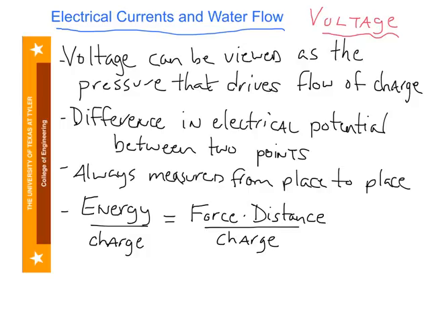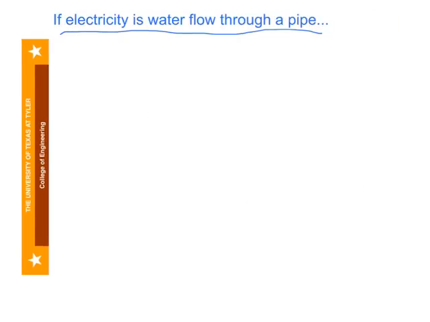So if electricity is water flow through a pipe, then voltage is the pressure, and basically that's what pushes the water.